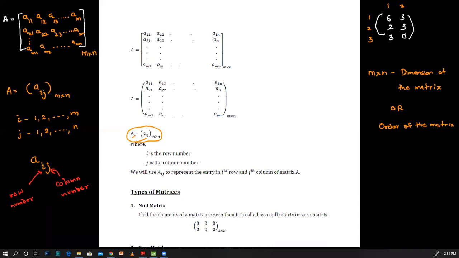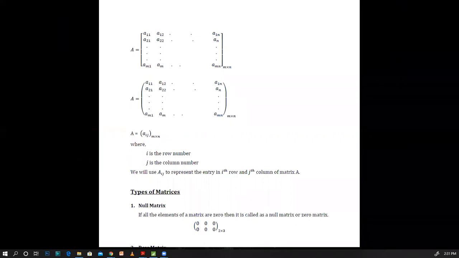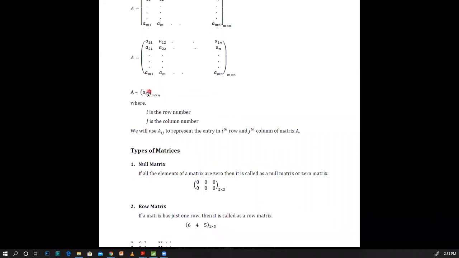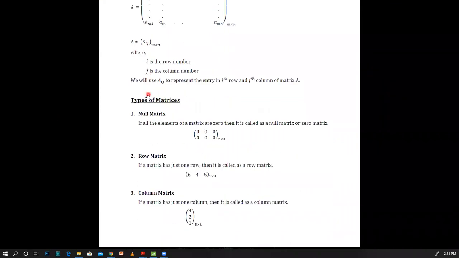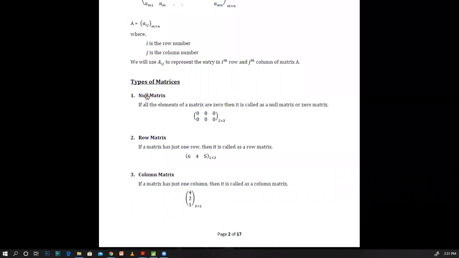Now we will move on to the discussion on types of matrices. At the very beginning, it was stated that a matrix is a rectangular array of numbers. Based on the behavior of the numbers inside these matrices, as well as the number of rows and columns, we are able to identify different types of matrices.